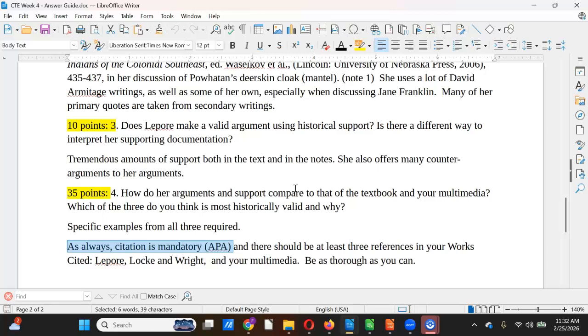But again, my point with all of these critical thinking analyses is they are exactly that. They are analyses. And to support an analysis, to support an assumption that you're making about something, you have to give quotes from it to show me that. All right. You have more of those you can do, and hopefully now you have a better handle on what you're supposed to be doing with those.